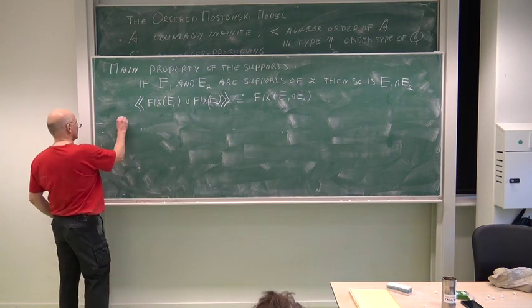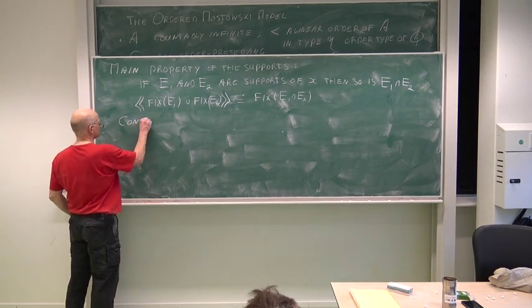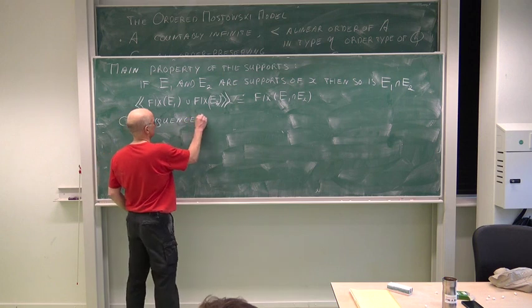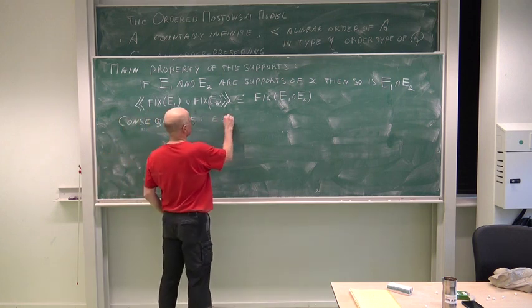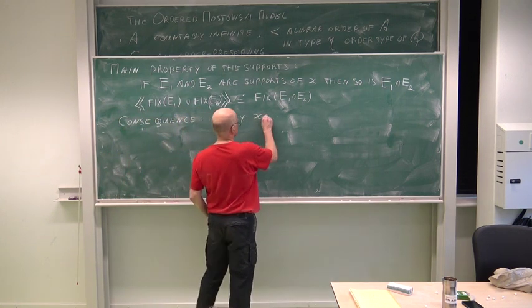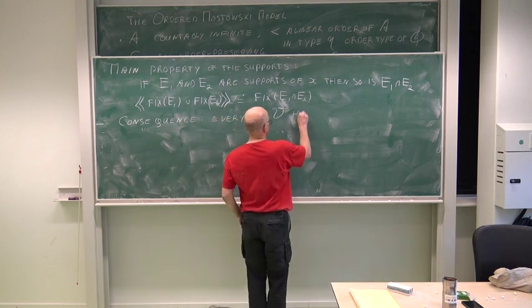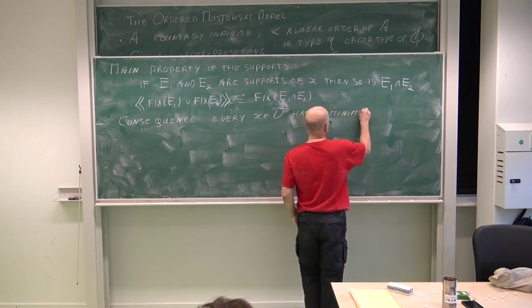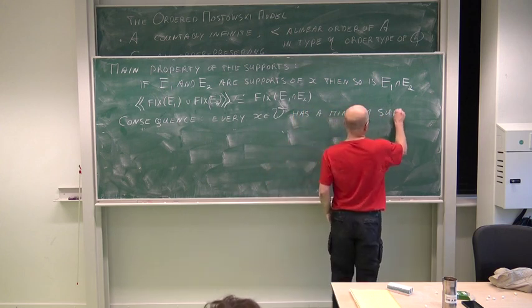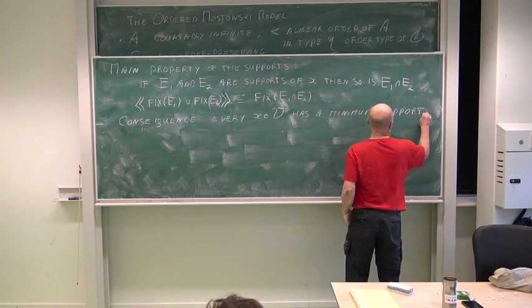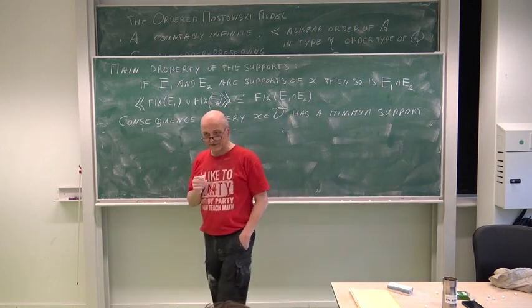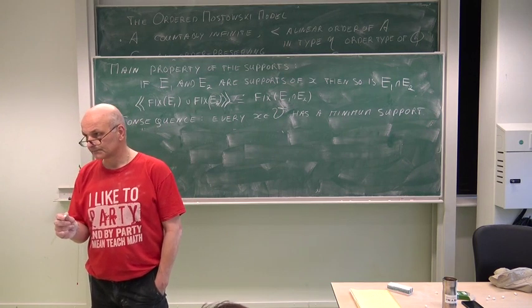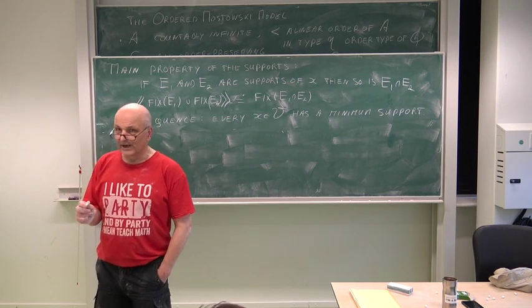But the consequence of this is that every element has a smallest support. Why?